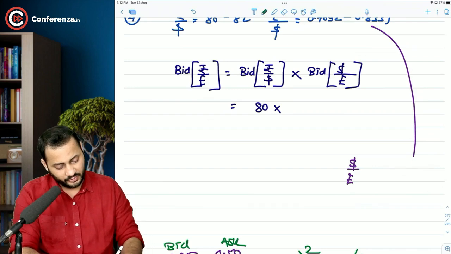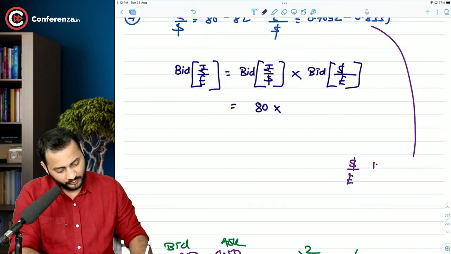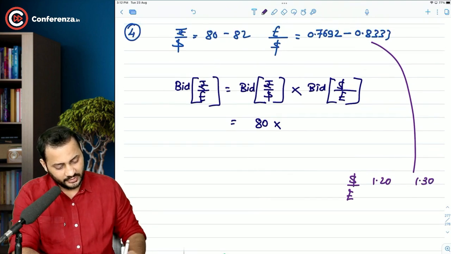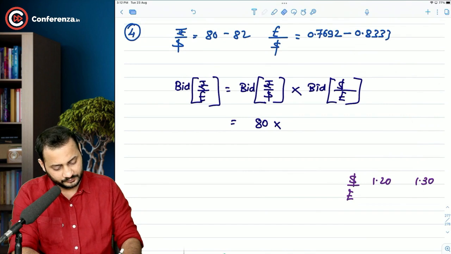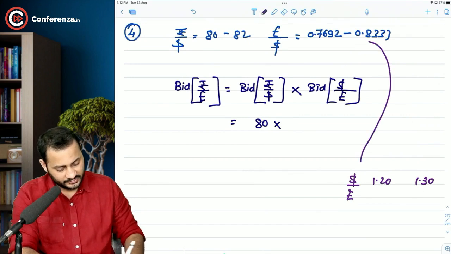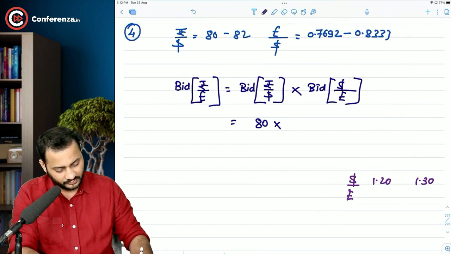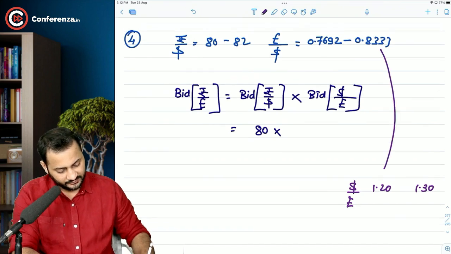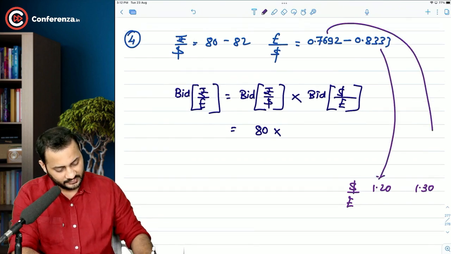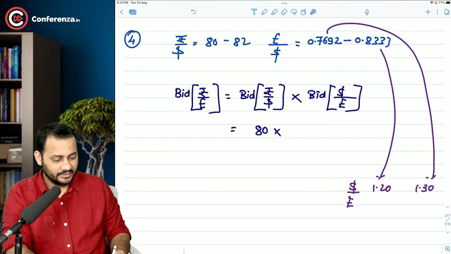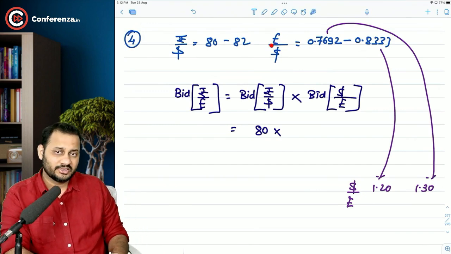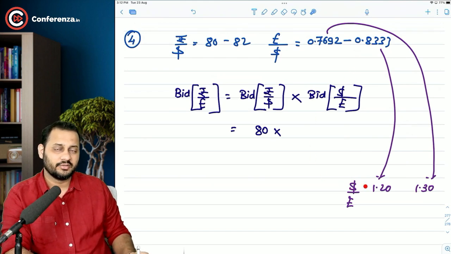We are just going to write down simply 1.20 and 1.30. So how did we calculate 1.20 and 1.30? It's the inverse of this, and it's the inverse of this. So you can clearly see that the bid rate of this quote has become the ask of the other quote, and the ask of this quote has become the bid rate of this quote.